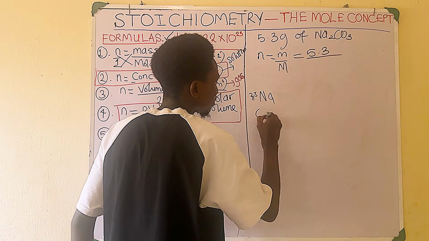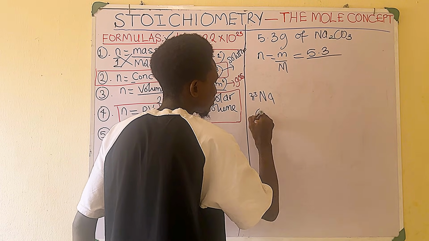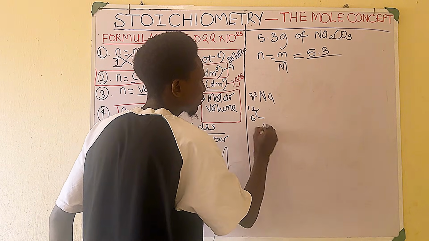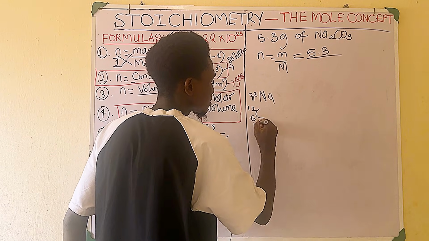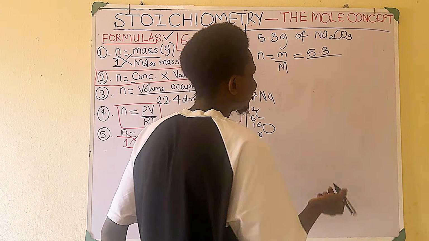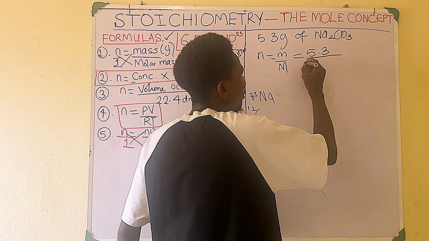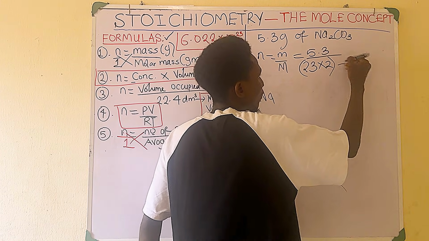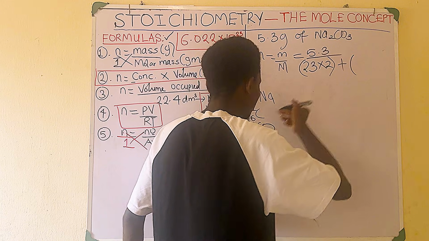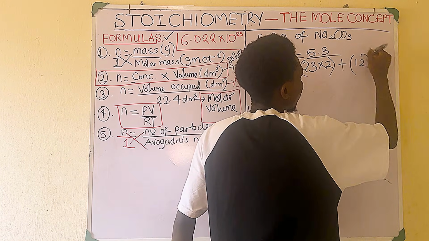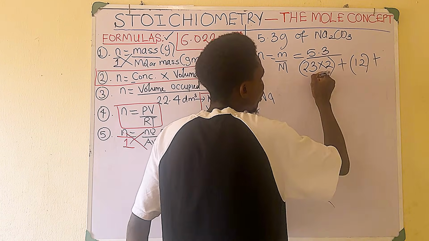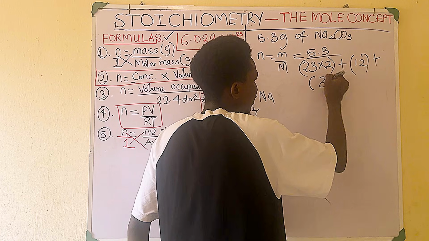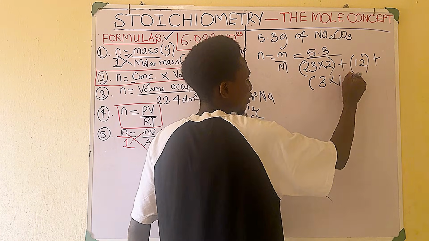So carbon is 6 and 12, then oxygen is 8 and 16. So you can actually master all these things. Now sodium is 23. 23 times 2 plus carbon is 12 plus oxygen is 3 times 16.